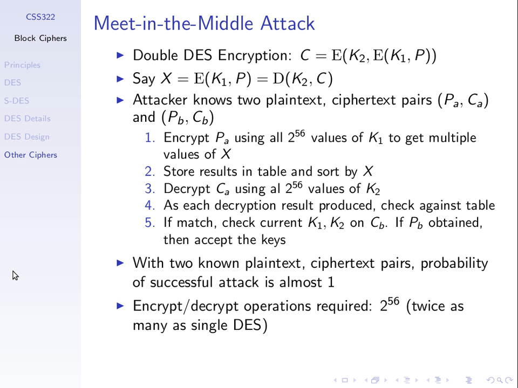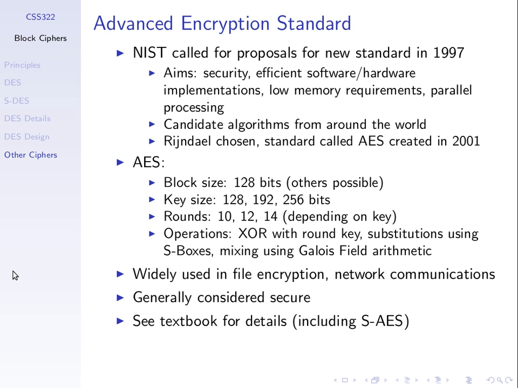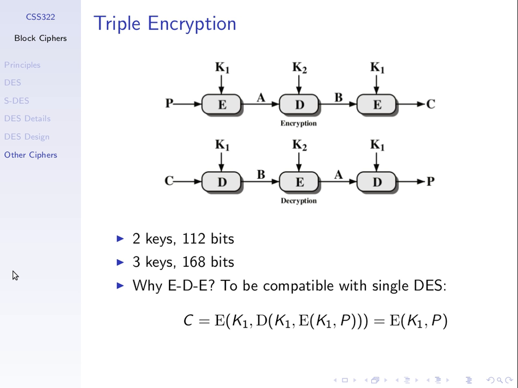With our meet in the middle attack, it takes us twice as much as single DES, which is not very strong. With triple encryption, although we can apply the meet in the middle attack on one part of the operation, we cannot do it on the entire encryption.